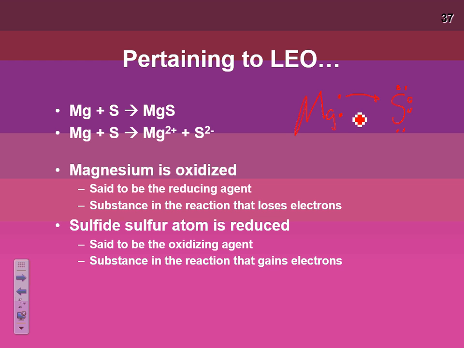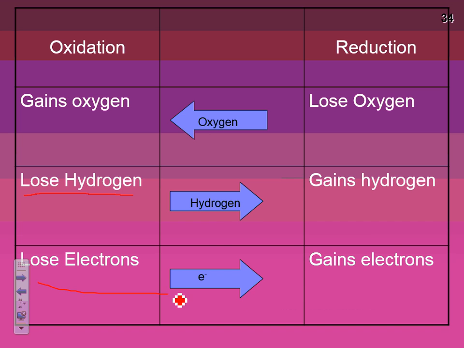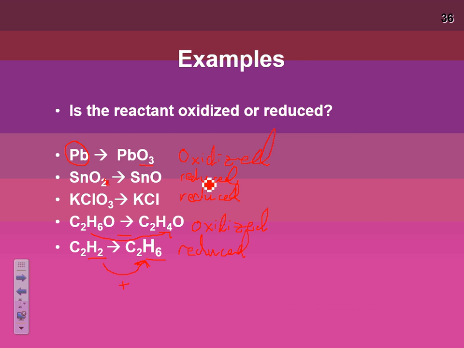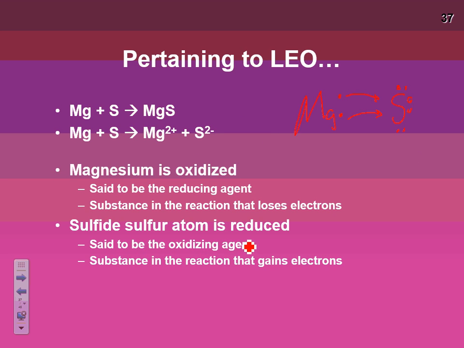So these come over here, just like this. Going back to Leo the lion and the graphic, losing electrons means that reactant is oxidized. Reduction is the gain of electrons. Loss of electrons is oxidation, gain of electrons is reduction. This one is losing electrons, so it is oxidized. This one is gaining electrons, so it is reduced.